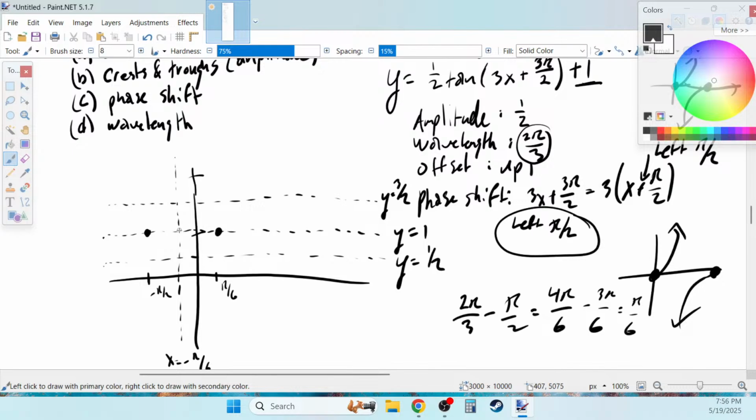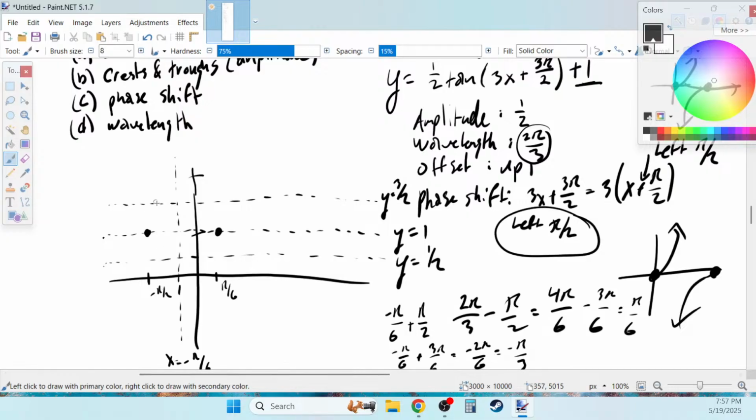And then halfway between negative pi over 6 and negative pi over 2, that's an interesting calculation. Let's see. Negative pi over 6 minus negative pi over 2 gives us negative pi over 6 plus 3 pi over 6, which gives us negative 2 pi over 6, which is negative pi over 3.